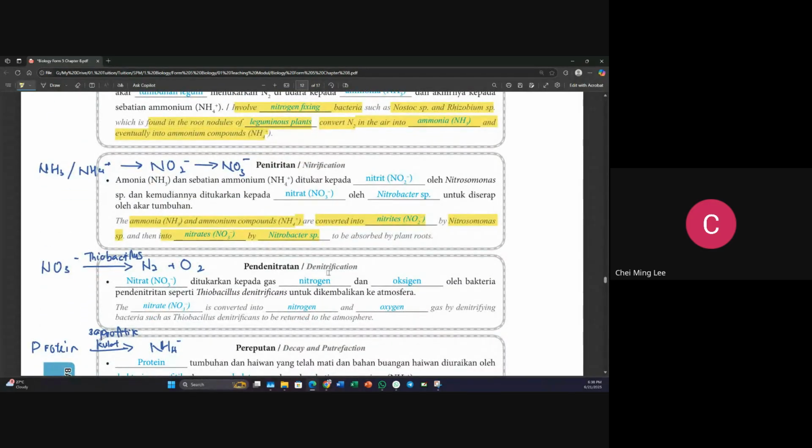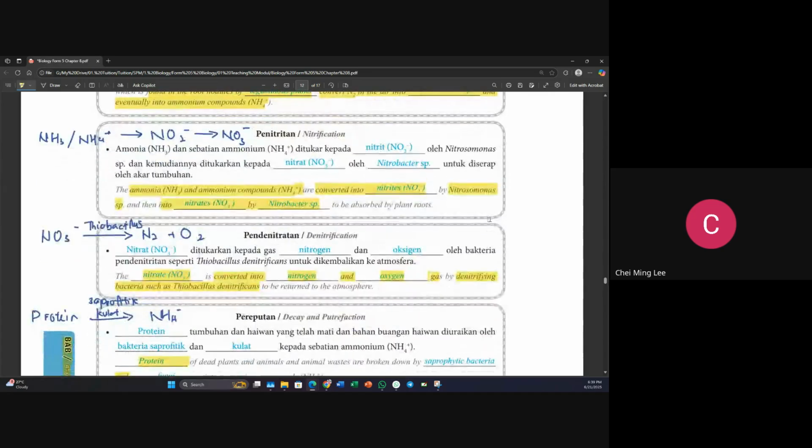From there, they undergo denitrification, where the nitrate will be converted into nitrogen gas by denitrifying bacteria like Thiobacillus denitrificans, and then return back to the atmosphere.